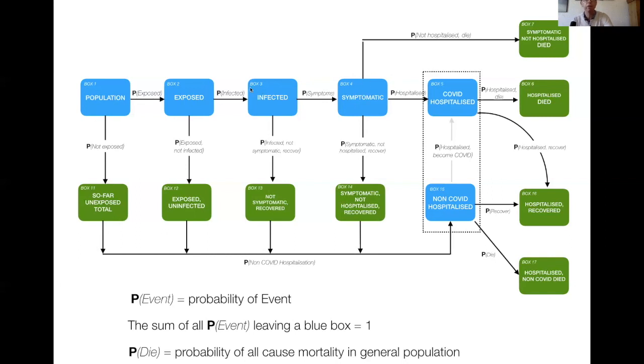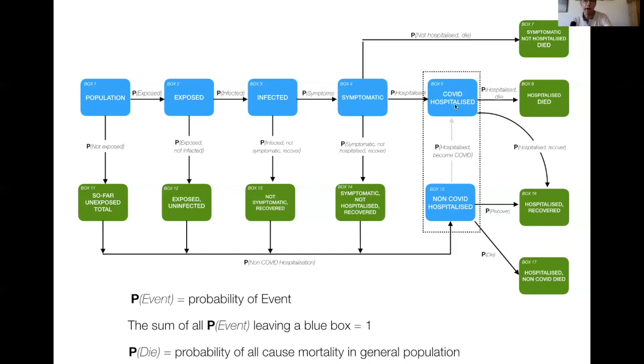So for example, if I wanted to go from box 3 to box 5, I would need to know the number of people in box 3 and the two ratios: the probability of becoming symptomatic if you're infected, and then the probability once you're symptomatic that you need hospitalizing. If I know those two ratios, and I know the number of people in box 3, I can estimate how many are in box 5.